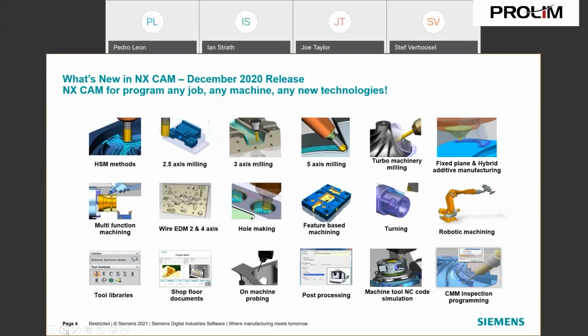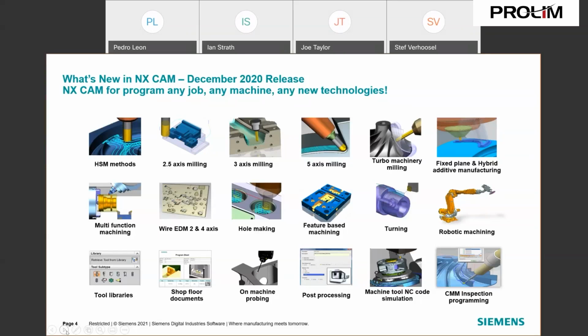We are exploring some of the highlights with the recent version of NXCAM released in December. With this slide, I want to share with you that NX is a complete and single platform for offline NC programming of all types of machine technologies.